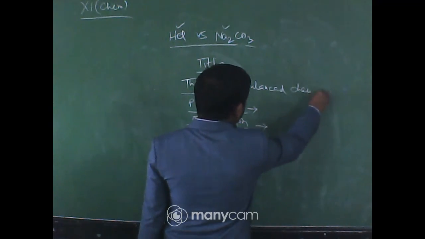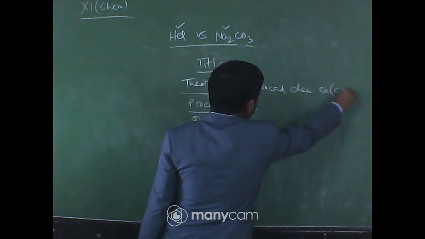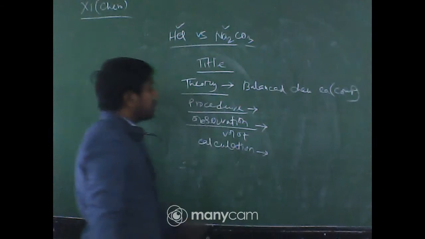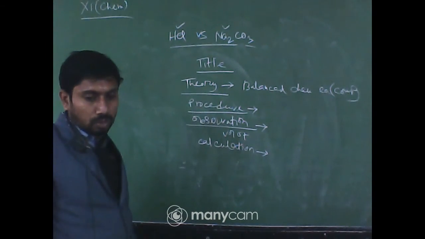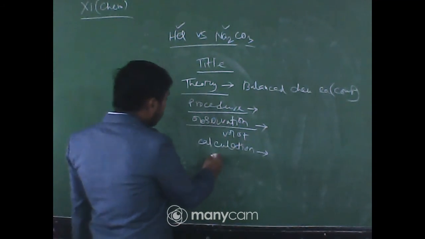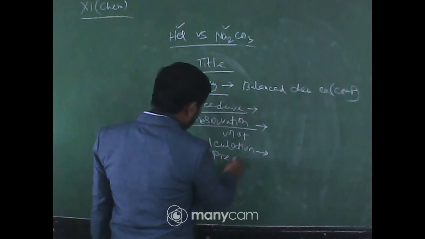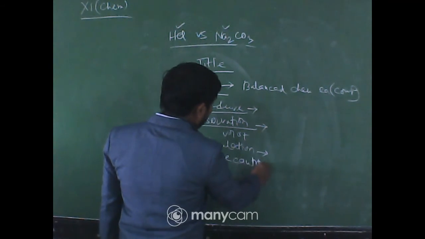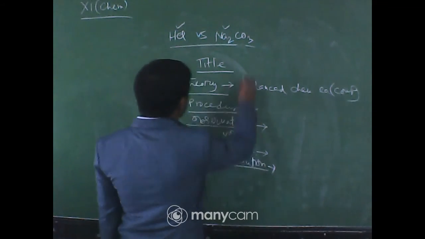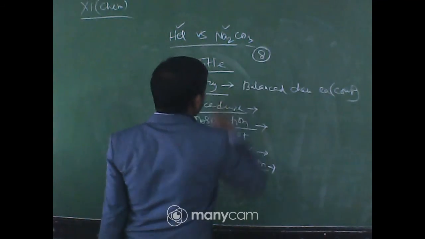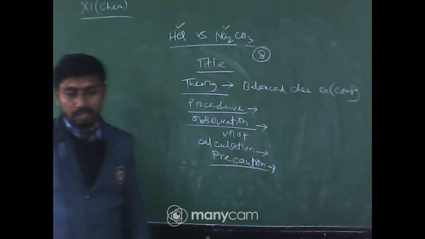Balanced chemical equation is compulsory, because this will help you to calculate also. Okay, the calculation and then precautions, 2 or 3 precautions. This experiment will take you 8 marks.